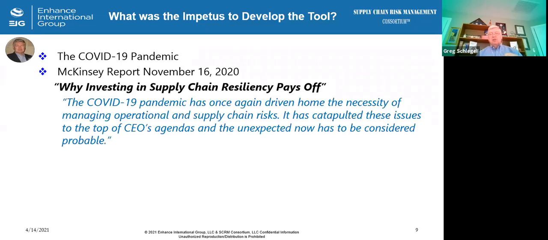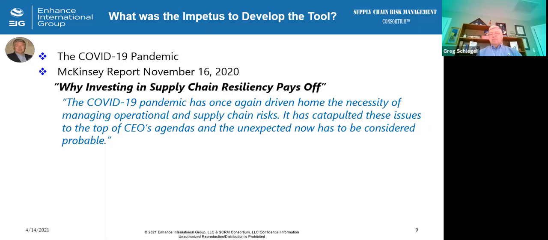Also, we thought the McKinsey report, in which they're doing some very good analyses and studies in the world of supply chain resiliency, was pretty good. Back in November of 2020, it sums up the landscape we've been living in for the last 12 to 15 months.